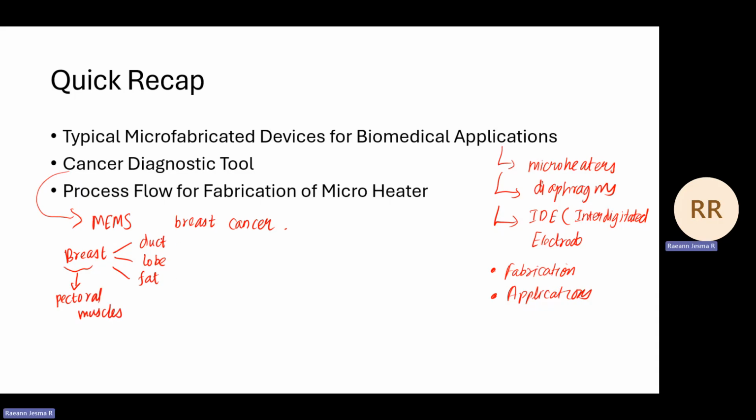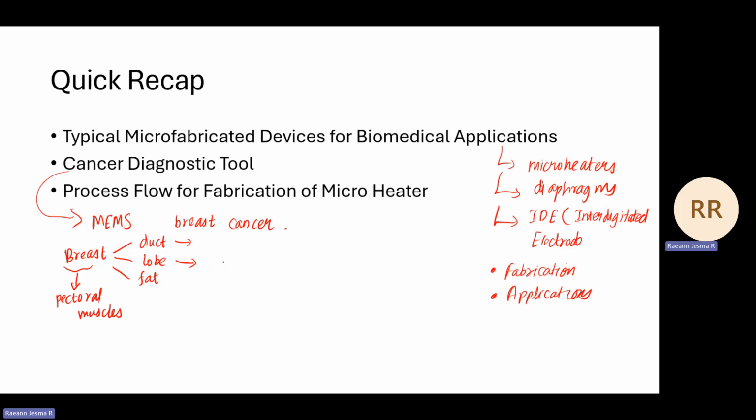Depending on in which region we have the cancer, we have different types of cancers, like ductal cancer, lobular cancer, or if the cancer is present in multiple regions, it is called multi-tumor breast cancer. If the cancer is inflammatory, it is inflammatory breast cancer.